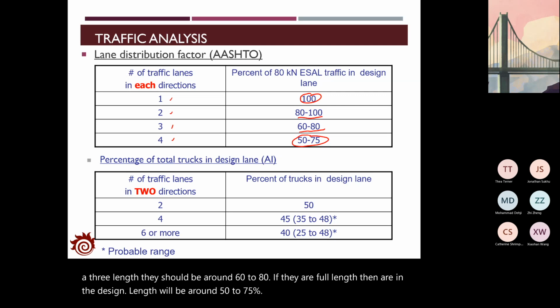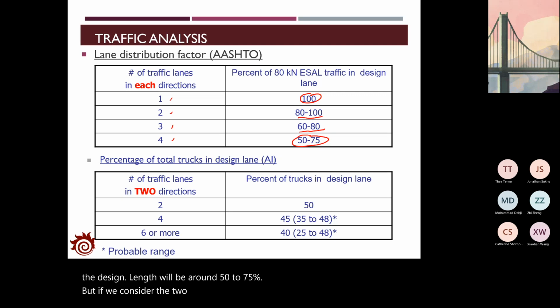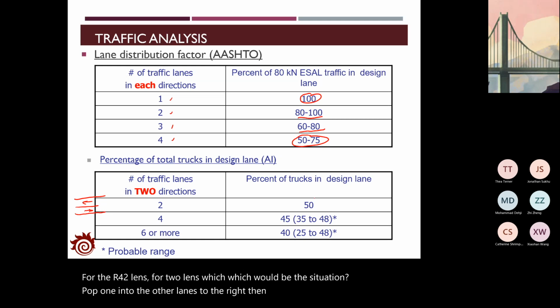But if we consider a two-directional freeway, where there aren't any barriers between the eastbound and the westbound, then we have to consider the entire freeway as one pavement structure, one pavement project. So for 2 lanes, with 1 lane to the left and the other to the right, the design traffic percentage will be 50% for each side. This would be a typical value.